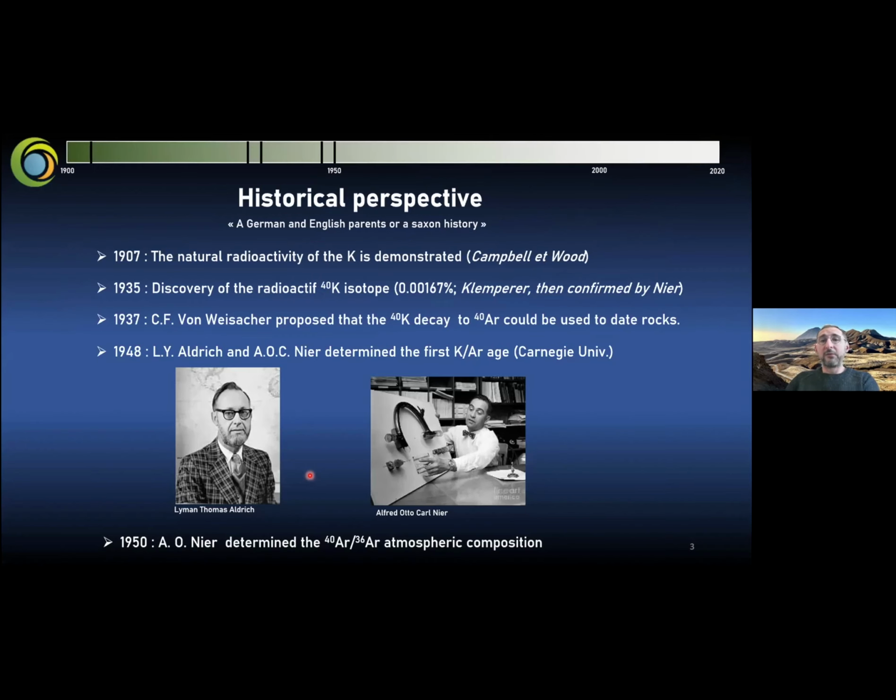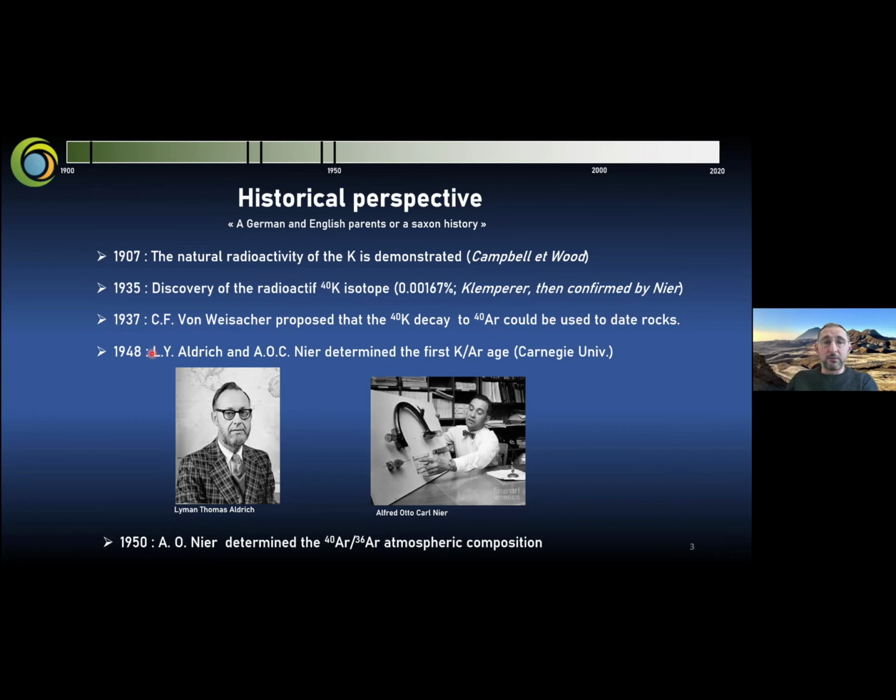So, a little bit of history. Very soon, in the beginning of the discovery of radioactivity, potassium was demonstrated to be radioactive, or at least part of the potassium. And in 1935, the discovery of potassium-40 as a radioactive isotope, confirmed later on, led to some publications in the late 30s about a way to use this decay constant to date rocks.